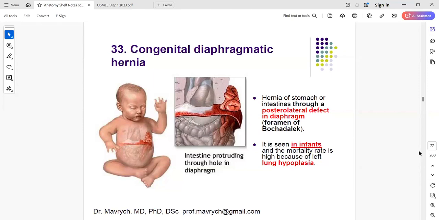The answer is posterolateral, also known as the foramen of Bochdalek. There would be a hole in the diaphragm and the intestine would protrude through it, and the baby would be born with serious signs of vomiting, and you would just know that something is not adding up.